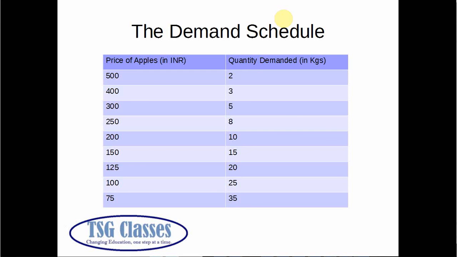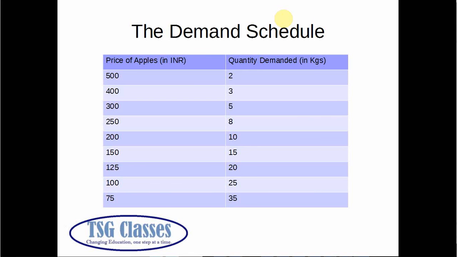The demand schedule basically maps the prices of a good against the quantity demanded. Let's take a fairly simple example, the demand for apples in a locality. We'll assume that there is a single shop in that locality and it sells apples. If the price of apples is 500 rupees a kg, then the quantity of apples demanded is only 2 kgs.